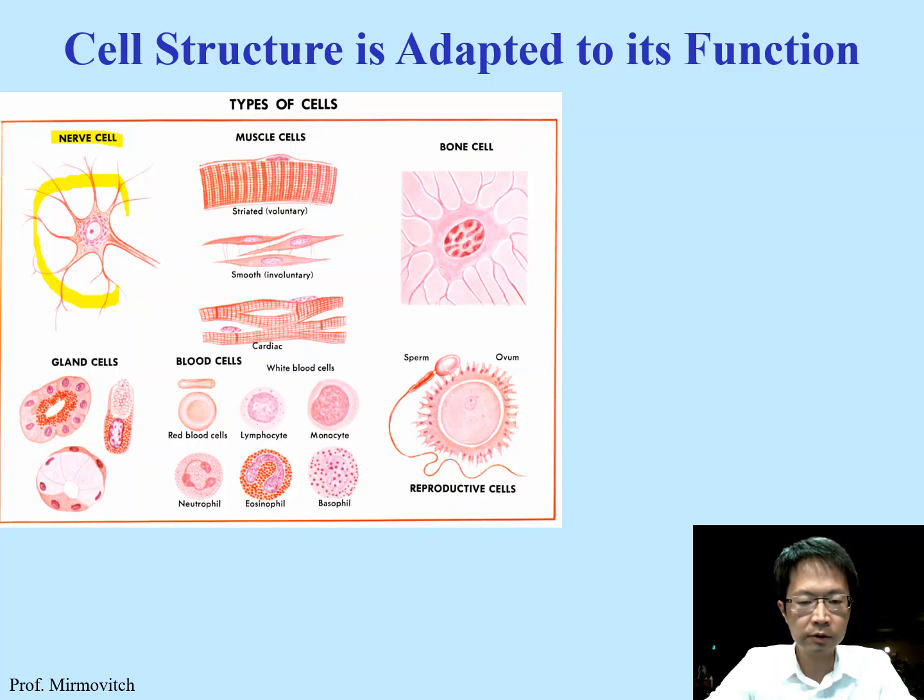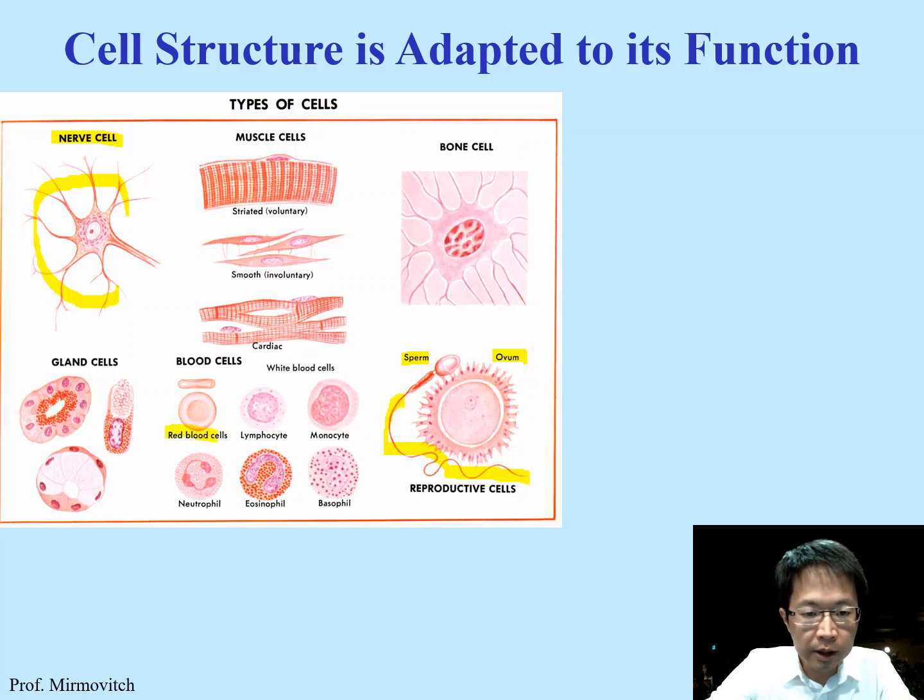And then you have different cell types. Sperm and eggs, ovum meaning eggs. As you can see, sperm is the only human cell that has the flagellum. And then blood cells, you have different types of blood cells.